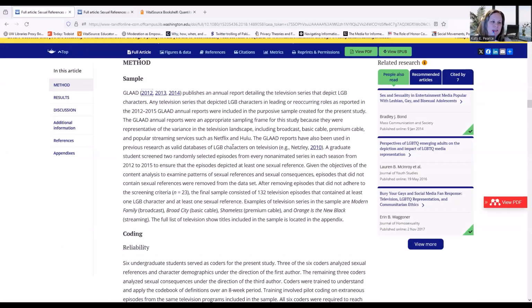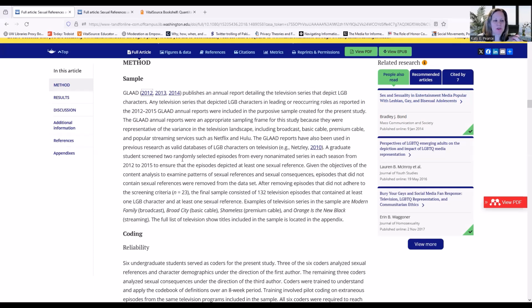Anyway, this organization puts out a report about TV shows that they, not in a scientific way, but they all said have gay characters. And so the researchers were like, okay, well, we're going to use that list, even though we know it is possibly imperfect. But they said, basically it's better than anything else.